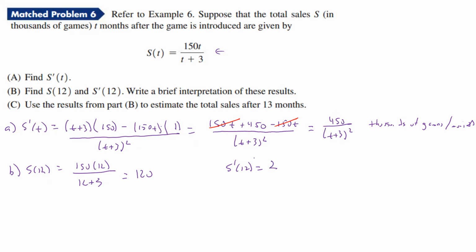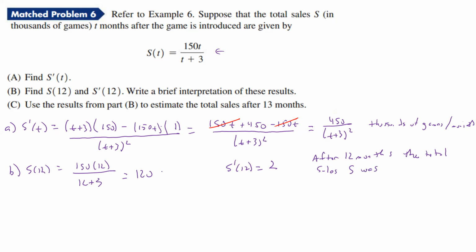Now is when we're actually going to put our units on, because at this point we have to interpret it. T is 12, so after 12 months, what's going to happen? Well, the total sales S was 120.